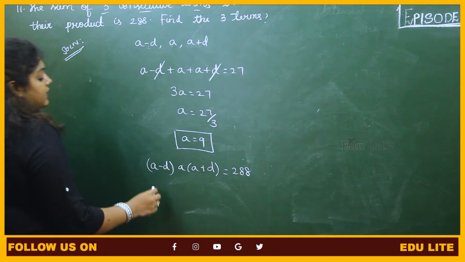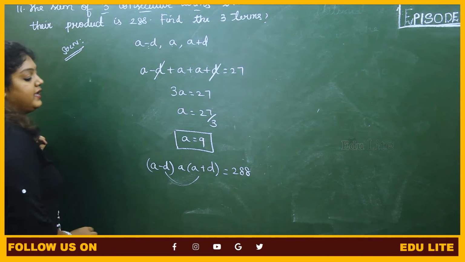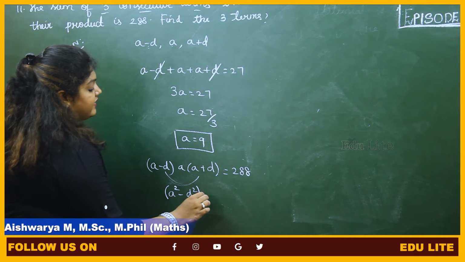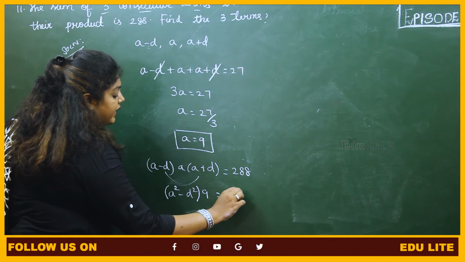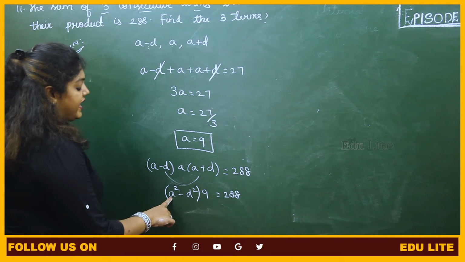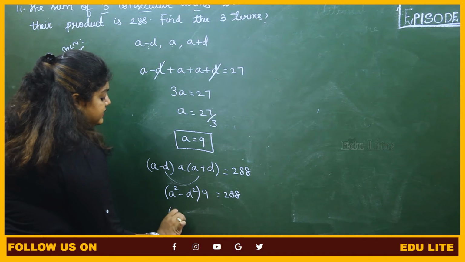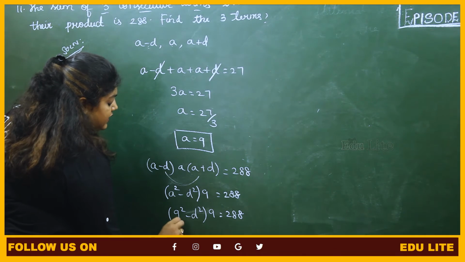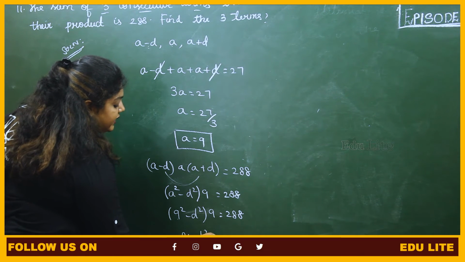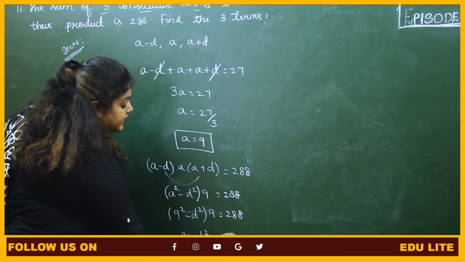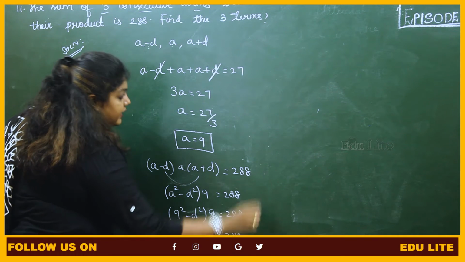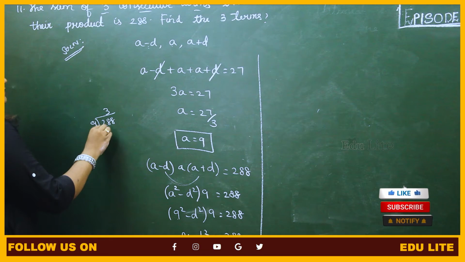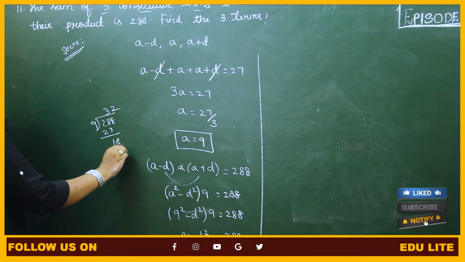Now these 2 can be clubbed using the formula (a minus b)(a plus b) which is a squared minus b squared, so (a squared minus d squared) into a, with a value 9, equals 288. Substituting a as 9: (9 squared minus d squared) into 9 equals 288. 9 squared is 81 minus d squared, and taking the 9 to the other side, it becomes 288 by 9. 288 divided by 9 is 32.